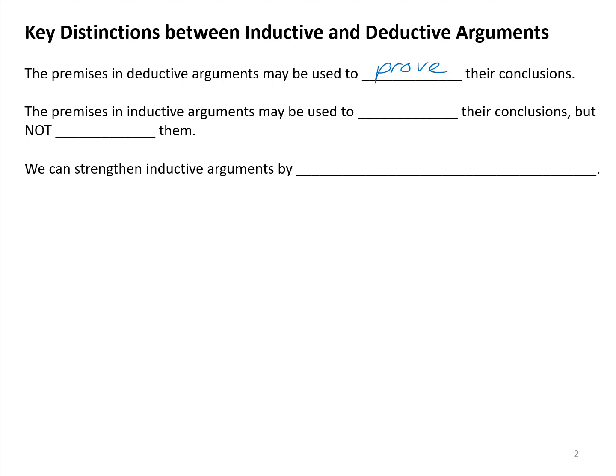However, the premises in an inductive argument may be used to support their conclusions, but not prove them. Because we're looking at specific situations, we can't prove a general theory with them. All we can do in inductive arguments is collect more data to strengthen our arguments for concluding a certain thing. So we can collect more data to strengthen an inductive argument, but we'll never be able to prove an inductive argument.